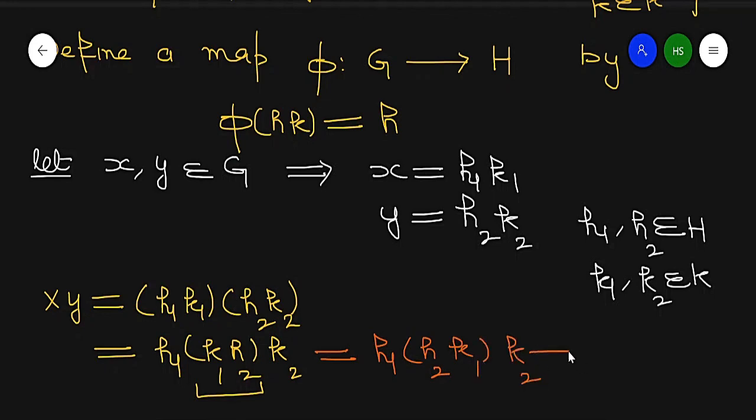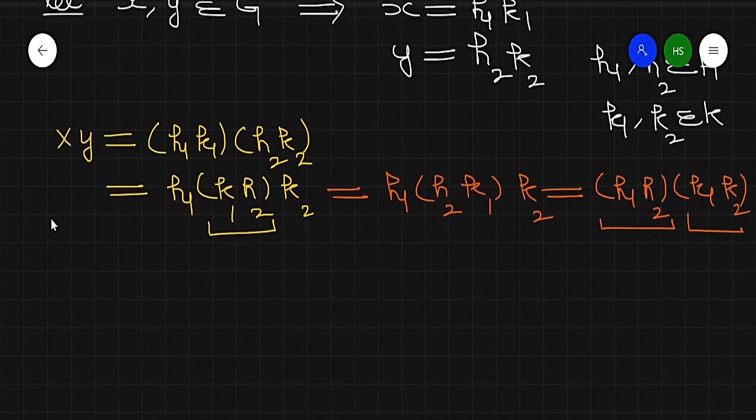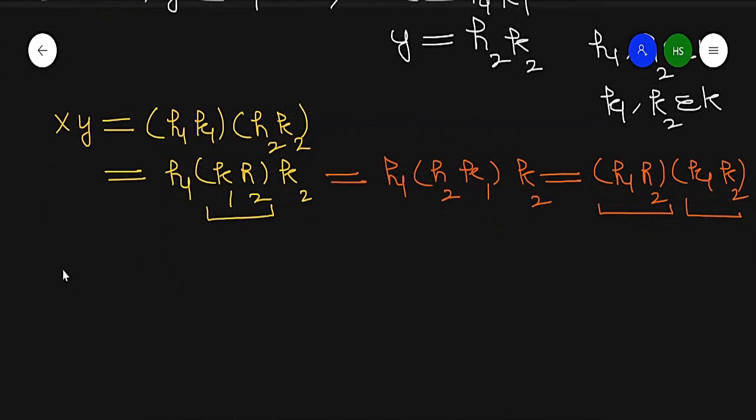So this will become h1 h2, which is the element of H, into k1 k2. So this is the element of K, right? Now phi of xy is equal to phi of this value.